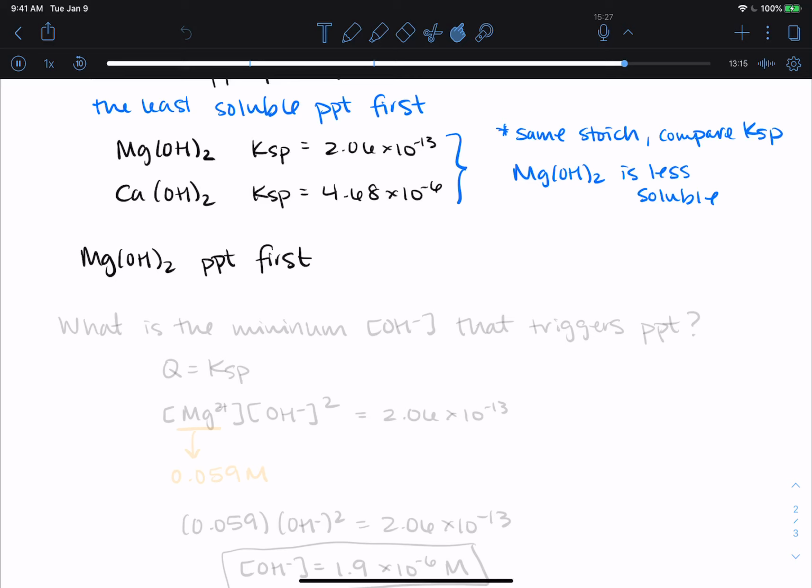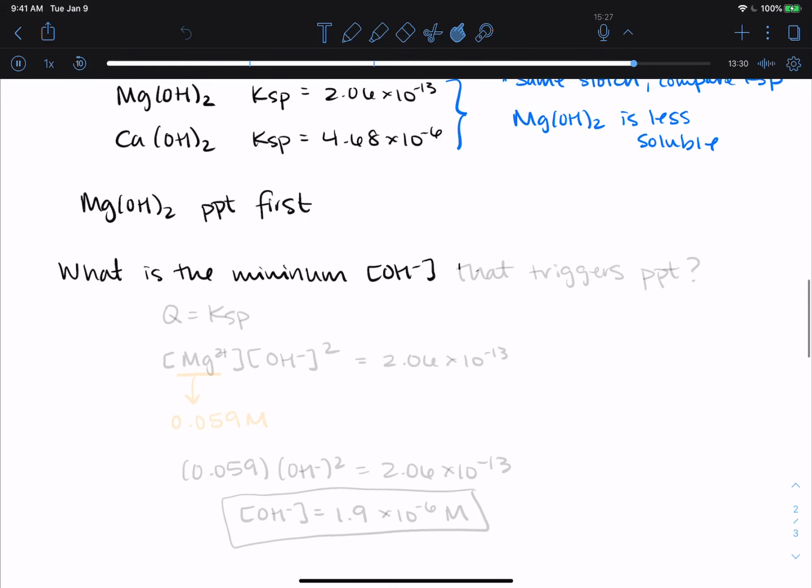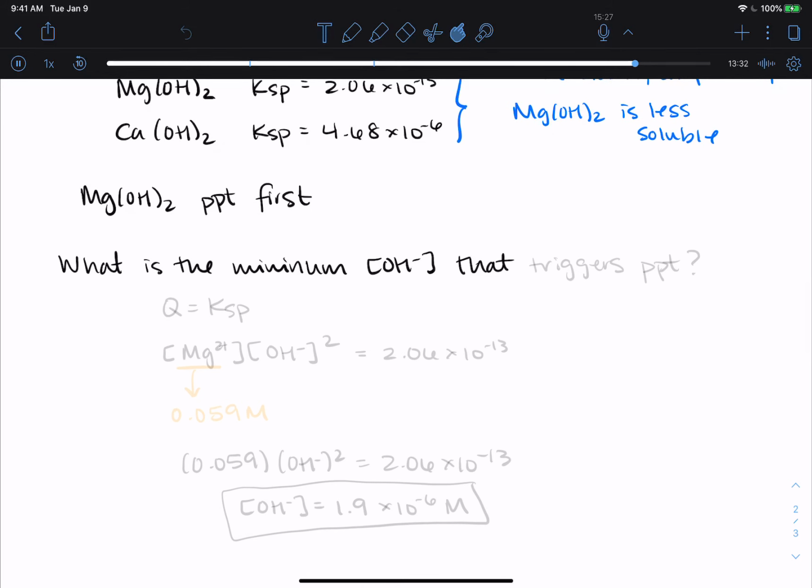So a follow-up question, what is the minimum OH minus concentration that triggers precipitation?